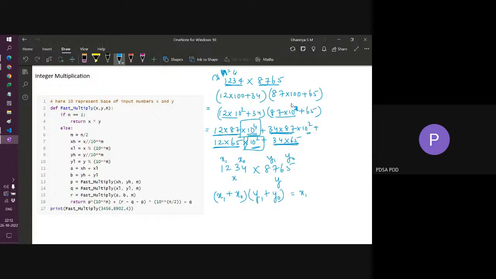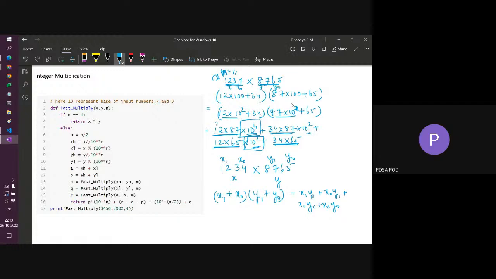This is equal to x1 y1 plus x0 y1 plus x1 y0 plus x0 y0. Okay. So as you can see, this is my x1, x0, y1, y0.